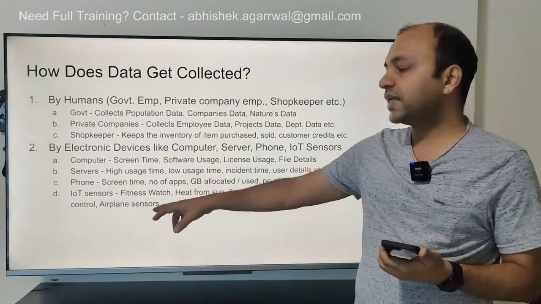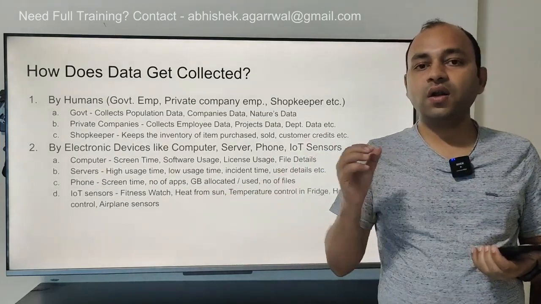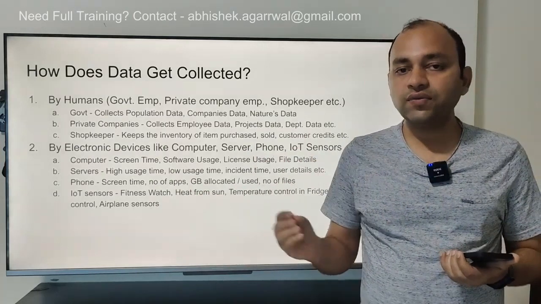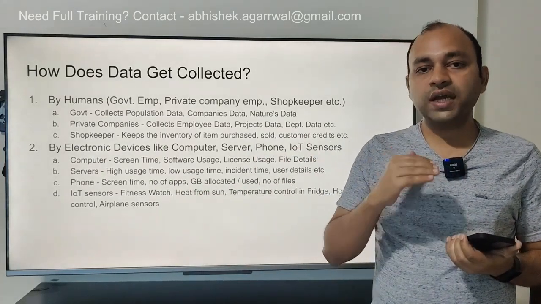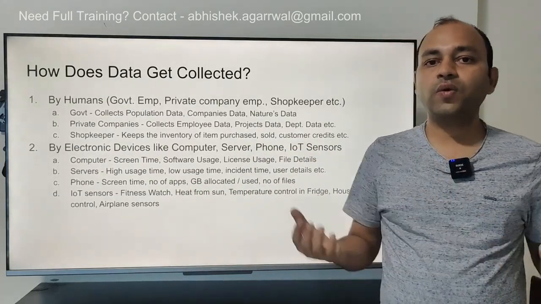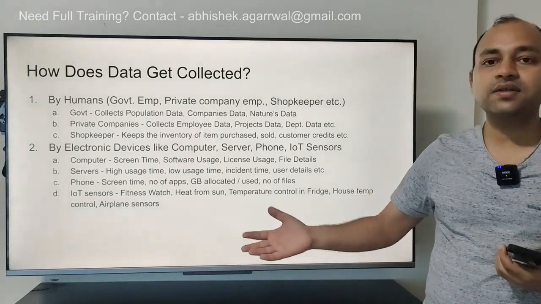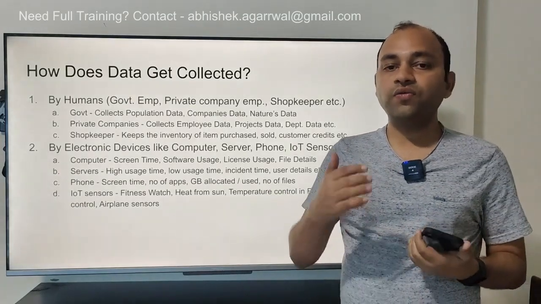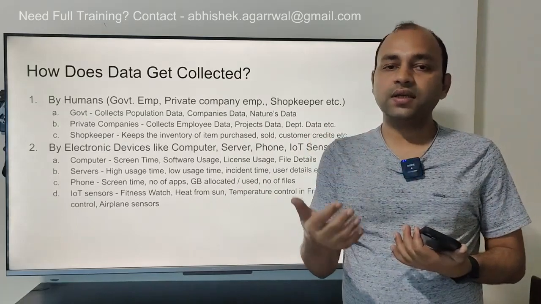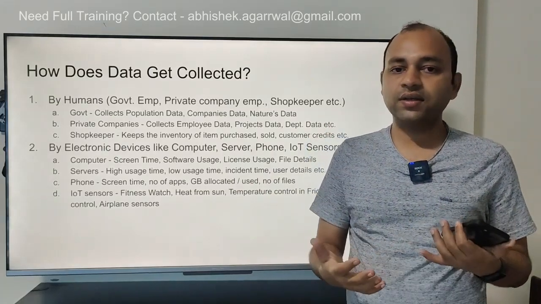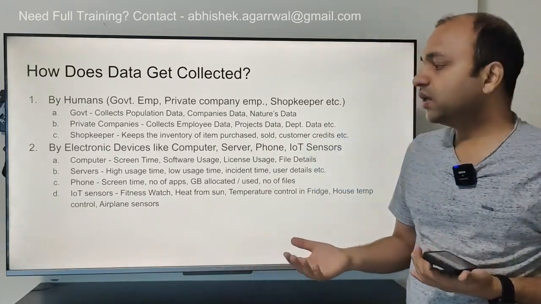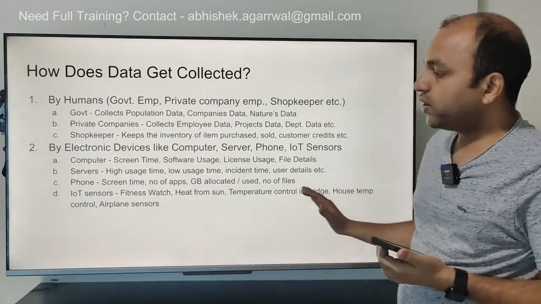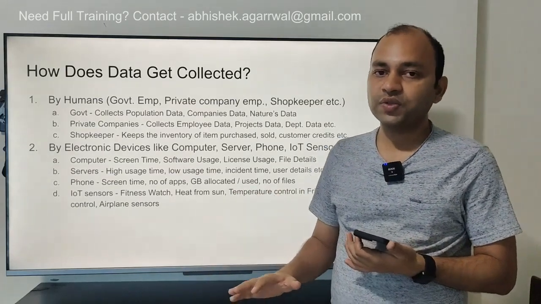For example, airplane sensors keep providing a huge amount of data every single minute based on the activities of, let's say, the engines or the aircraft overall, so that they know fuel indication or the heating up of the engine, which is very, very important. So IoT sensors are becoming very, very famous these days.